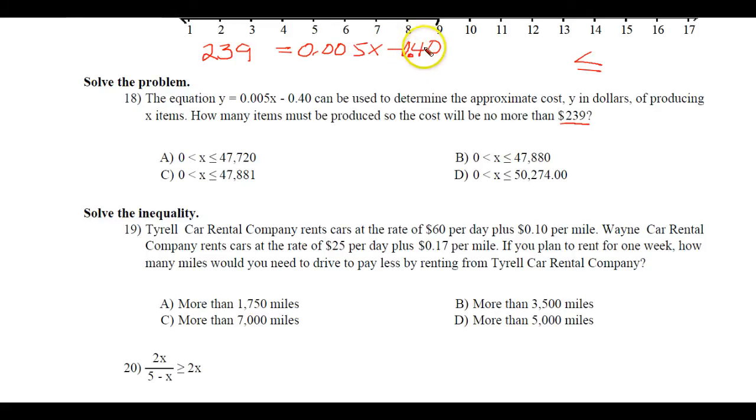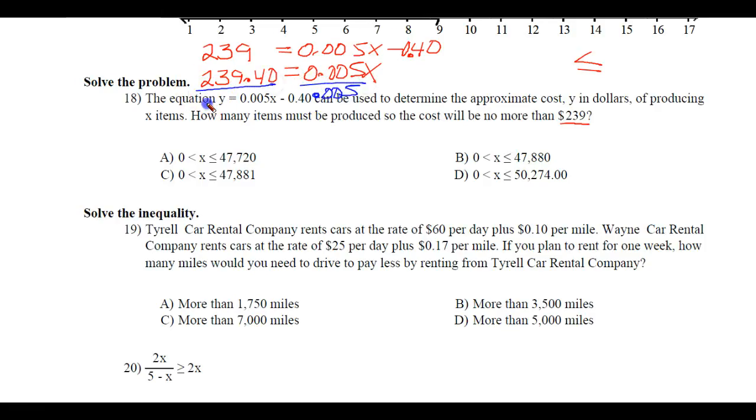So we just transpose the 0.40 to the other side and get 239.40 equals 0.005x. Now to solve for x, we're just going to divide both sides by 0.005.